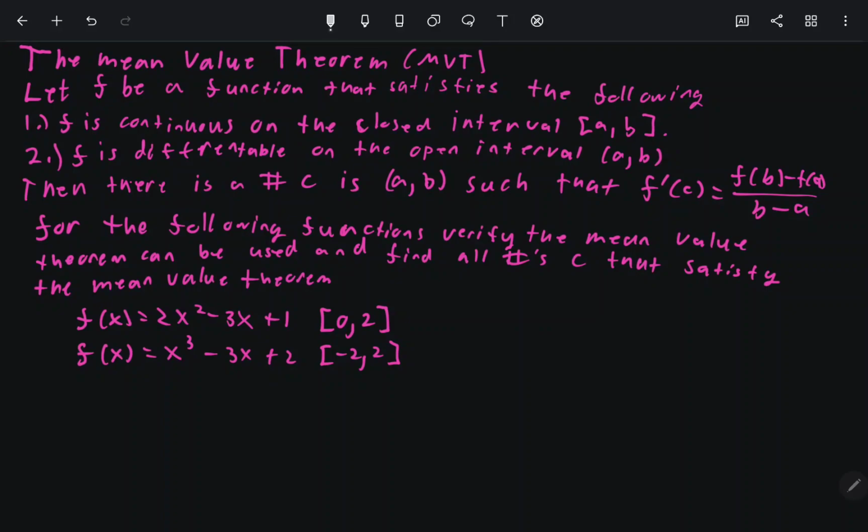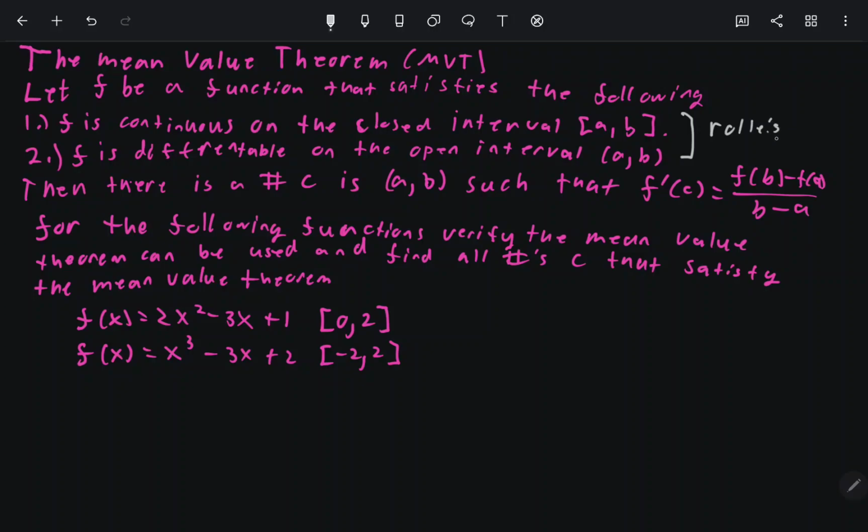F is continuous on the closed interval from a to b. F is differentiable on the open interval from a to b. So these two portions of this theorem are the exact same as Rolle's theorem.